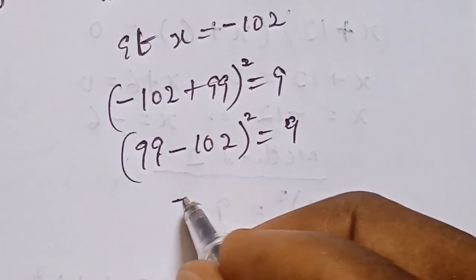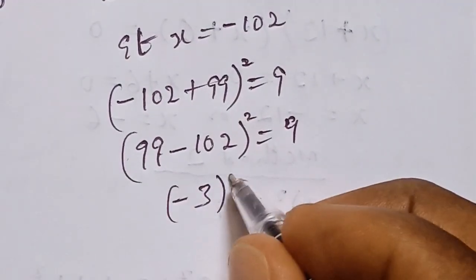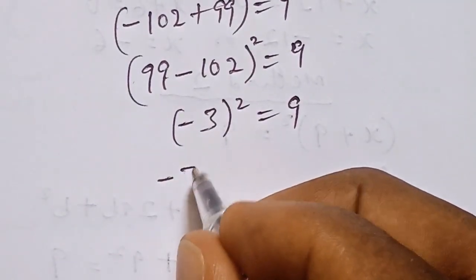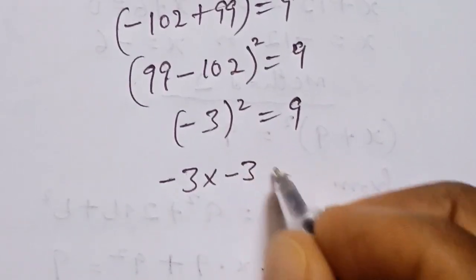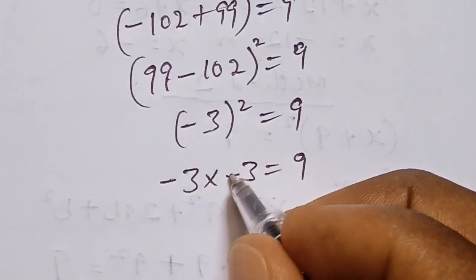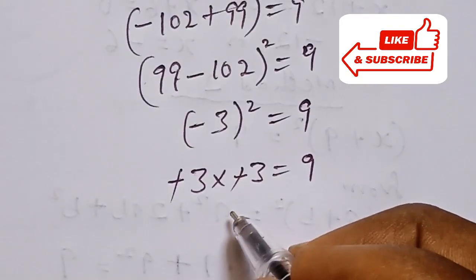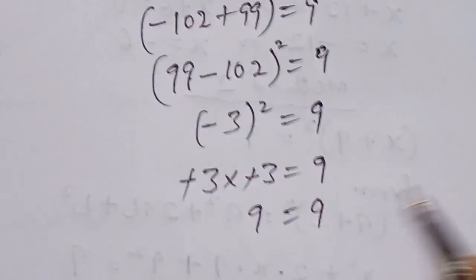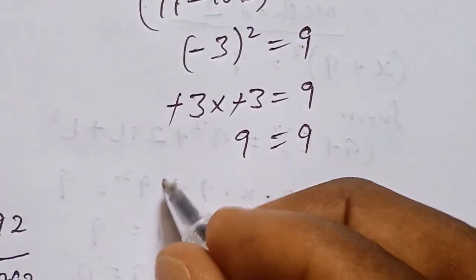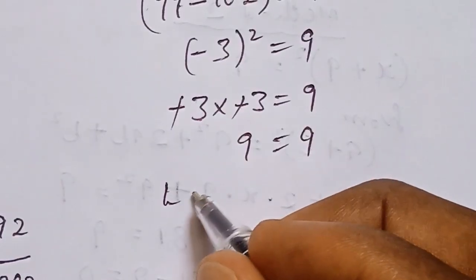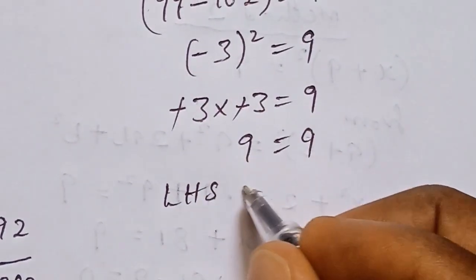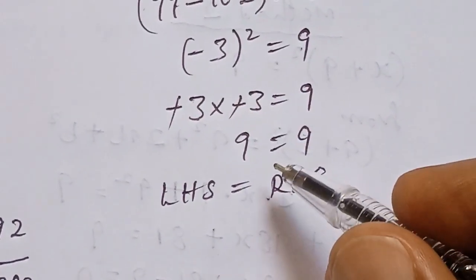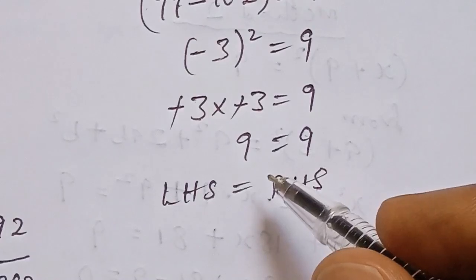So we have 99 minus 102 to the power of 2 equal to 9. This expression gives us minus 3 in brackets to the power of 2, and this can be expressed as minus 3 multiplied by minus 3. So this minus will go with this minus and become positive. So we have 3 multiplied by 3, we have 9, and that's equal to 9. So this simply means that for x equal to minus 102, the left hand side is equal to the right hand side as well. So this proves our values of x are correct.